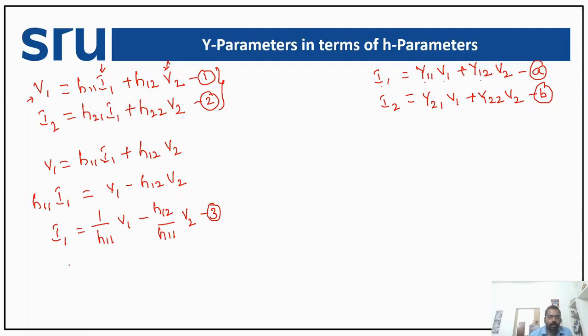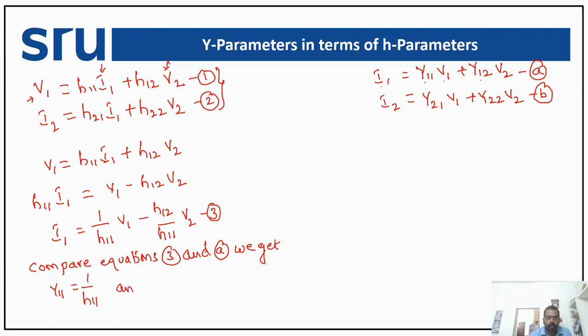So if you compare equation 3 and A, we get my Y11 is equal to 1 by H11 and Y12 is equal to minus H12 by H11.